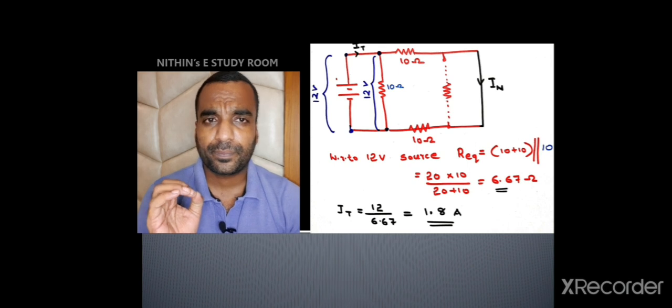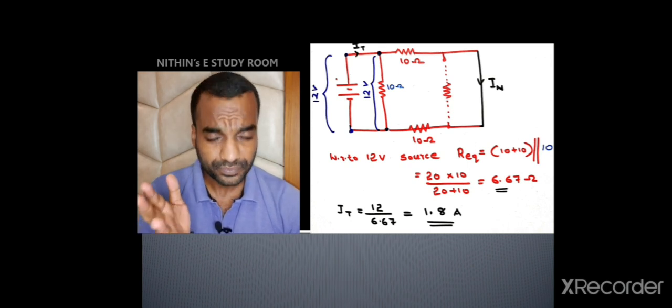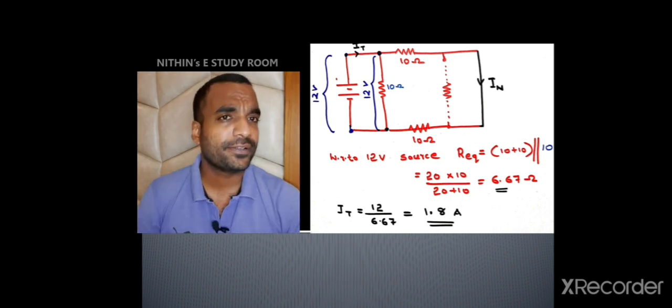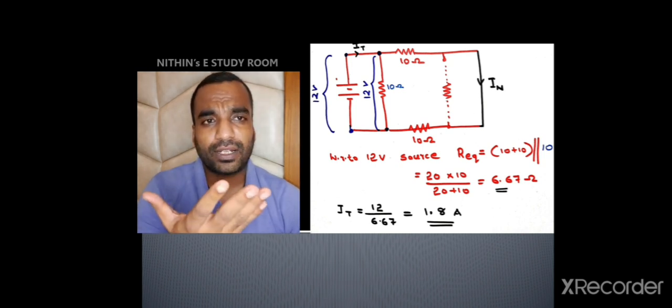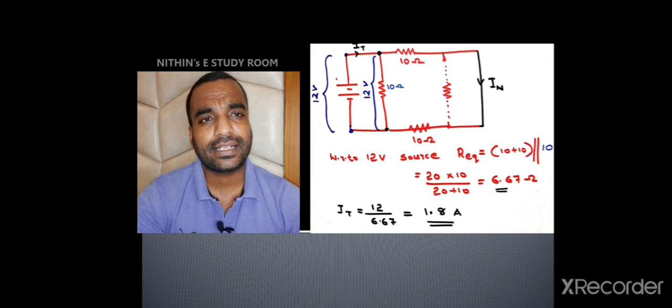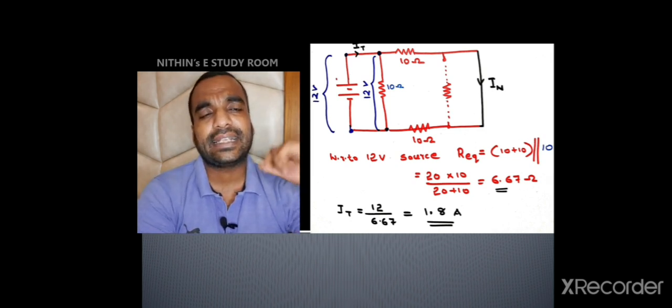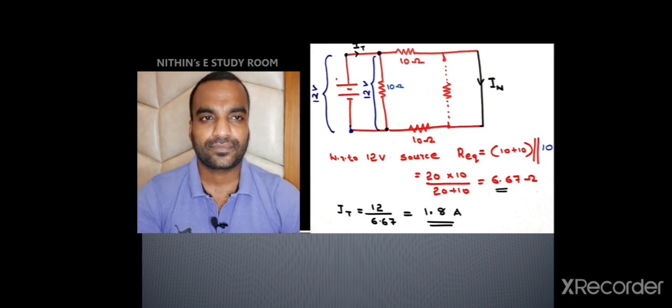And now please be careful. Is this a simple way? The method I adopted is not a simple way. You can find the IN in a single step. I will explain.